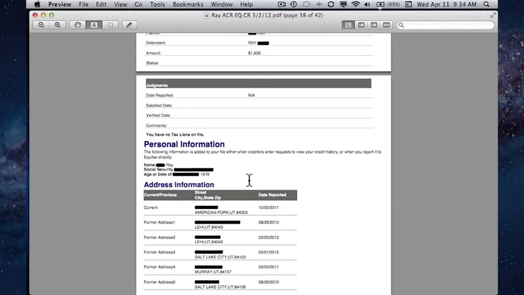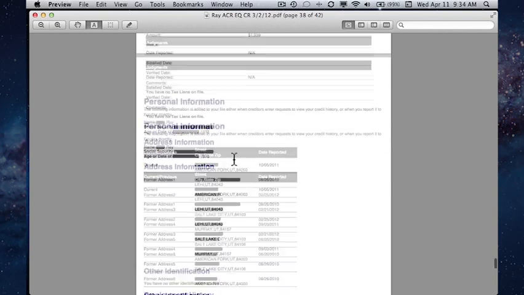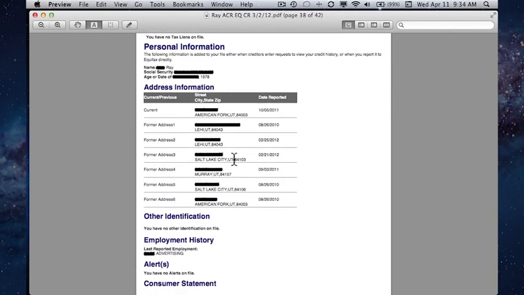Now, what most people don't understand, and this is a very vital part, if you're a CreditSense client, is why we develop a credit identity. Notice we have a current address and we have 1, 2, 3, 4, 5, 6 previous addresses.